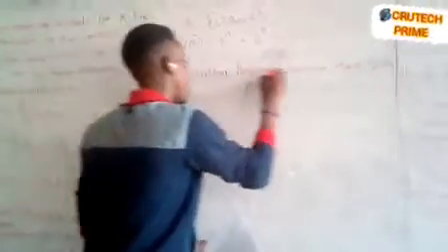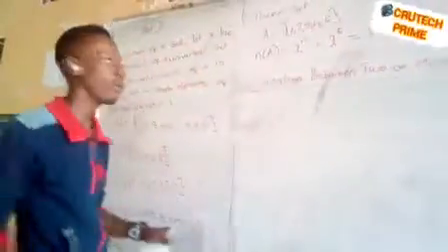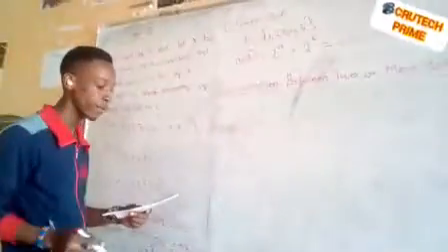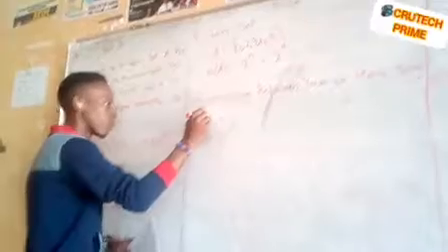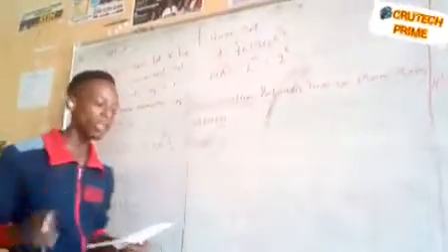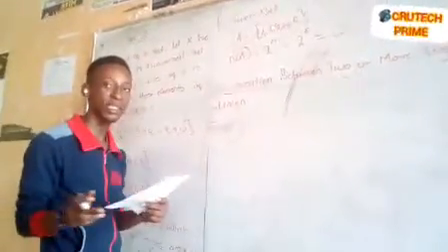We generally have 3 operations that happen between two or more sets. The first one is union. The second one is intersection.